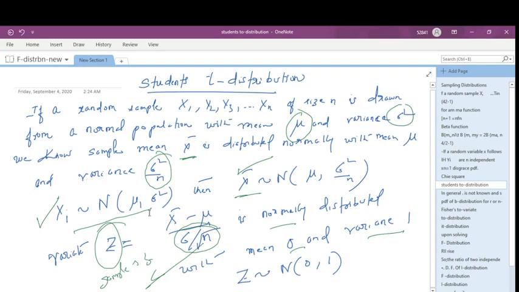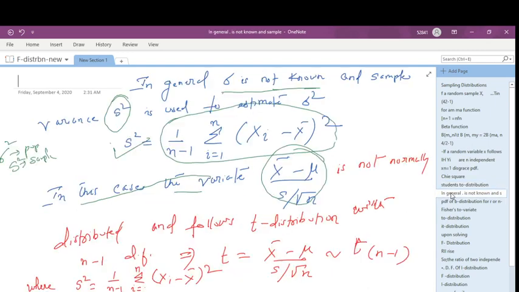So when we give the population parameter, the standard deviation, it is a normal distribution. But if you give a sample standard deviation, it is not normally distributed, because s will always be positive, whereas sigma can be positive and negative, right?